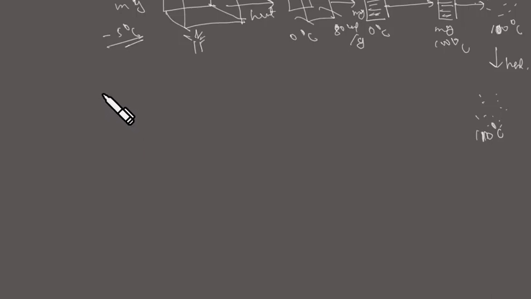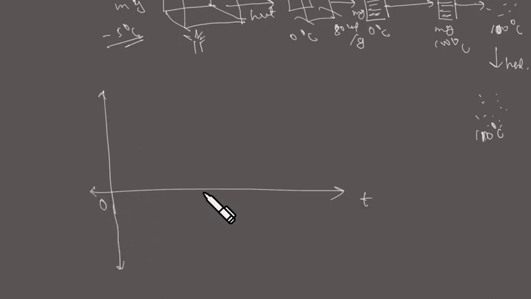Let me draw a graph like this. On the x axis we represent the time, and on the y axis we represent the temperature theta, in degrees Celsius.